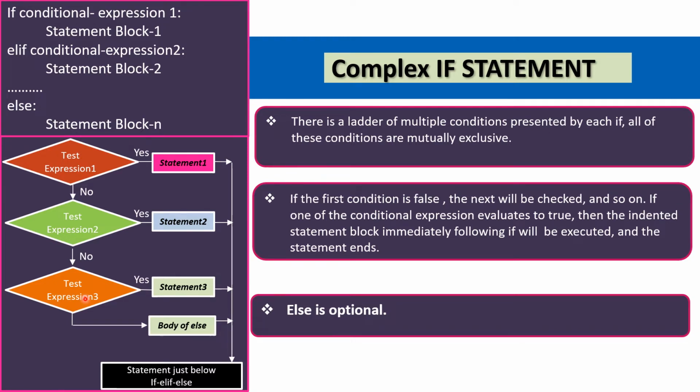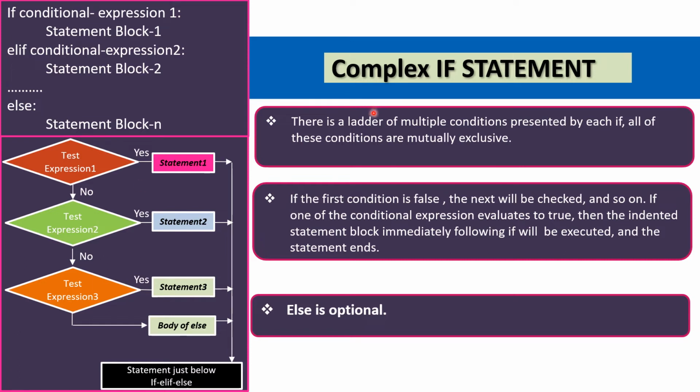If it got the answer during expression 1, then it will bypass all of the statements. If it did not get the answer, and is still getting no, it will move to the next statement. If then again getting no answer, it will move to the next statement.